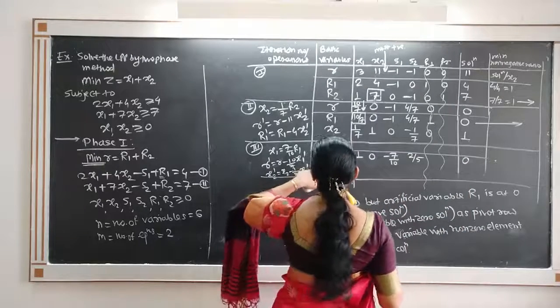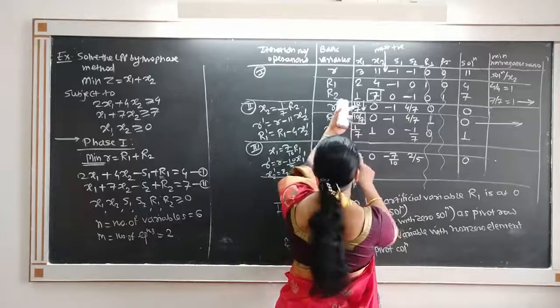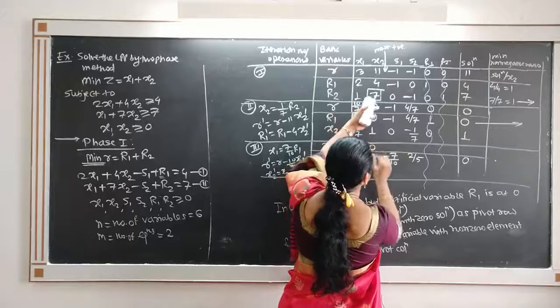Now R row minus 10 by 7 times this. So 0 remains 0.